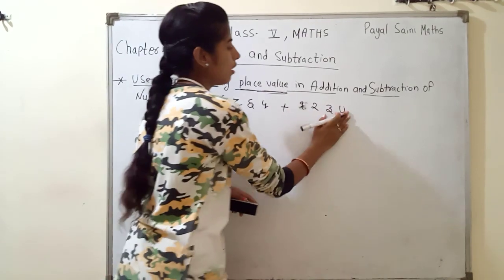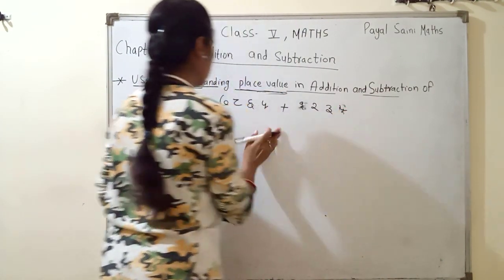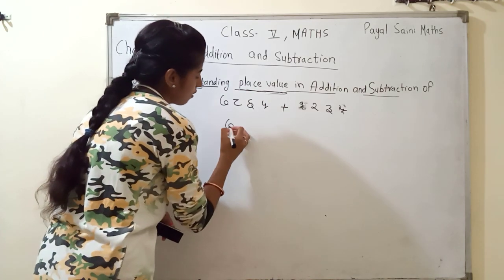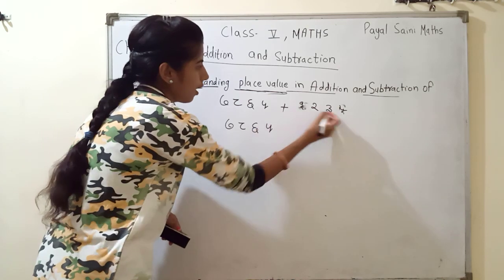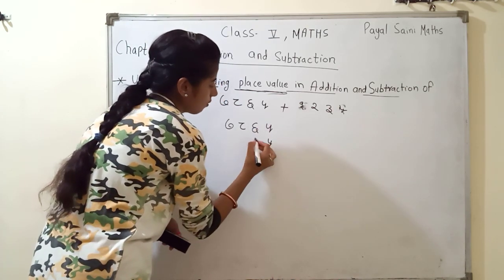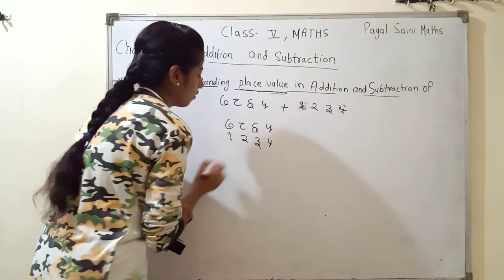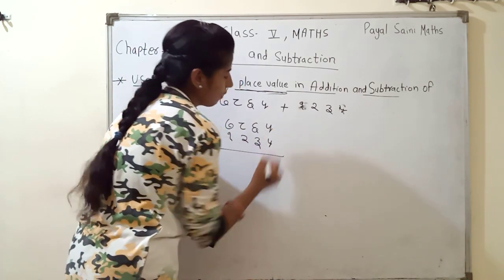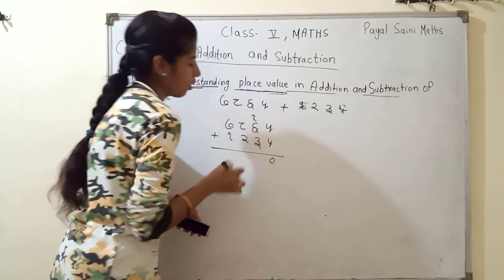Then how do we add? We add very simply. Starting from the right: 5, 3, 2 and 1, plus sign. 5 and 5 is 10, write 0, 1 carry over.